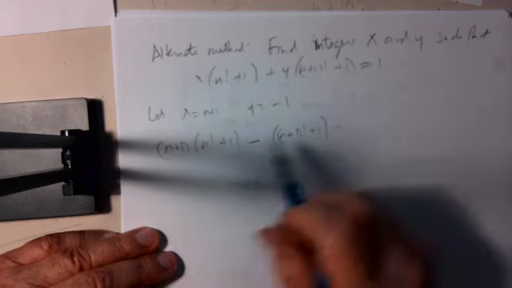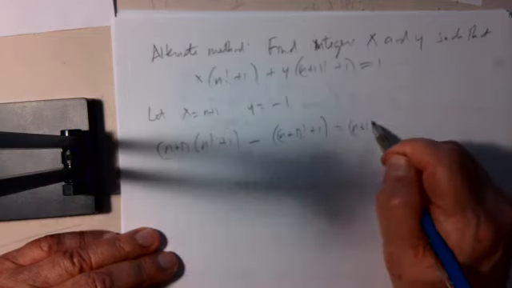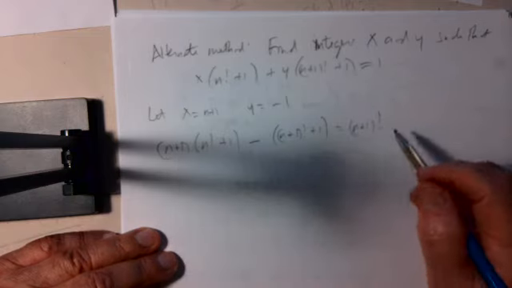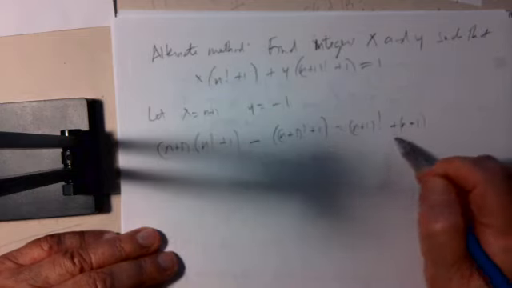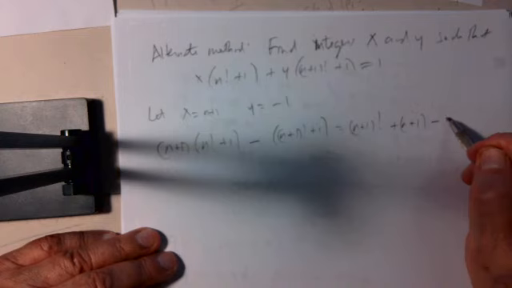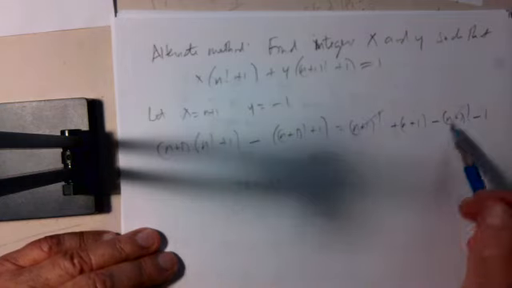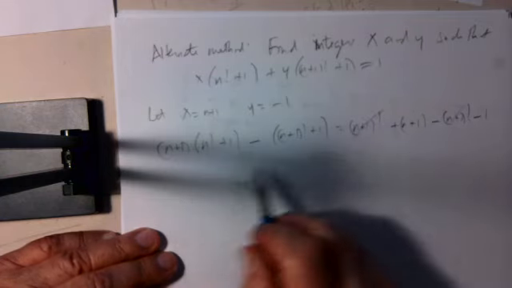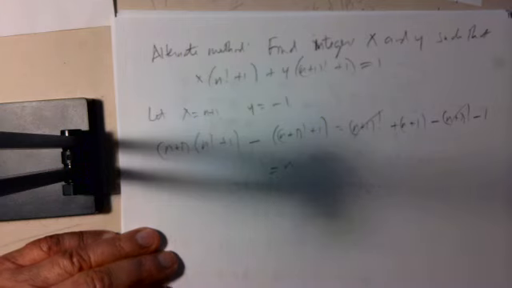When you multiply n factorial by n plus 1, you get n plus 1 factorial plus n plus 1 minus n plus 1 factorial minus 1. These cancel and the ones cancel. This is equal to n.